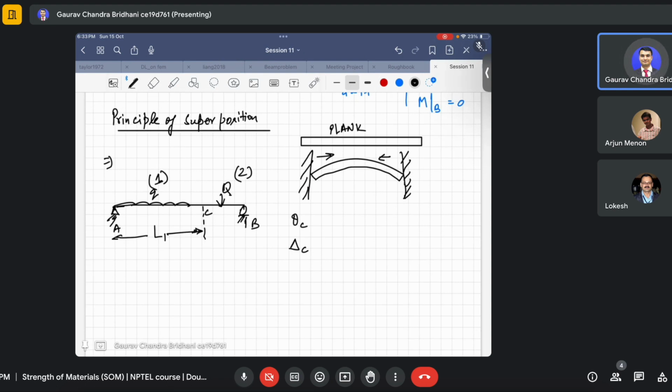Because of small deformations and a linear relation between stress and strain, I can say that the total deflection at C will comprise two components: a component of deflection at C due to the first load, and a component of deflection at C due to the second load.